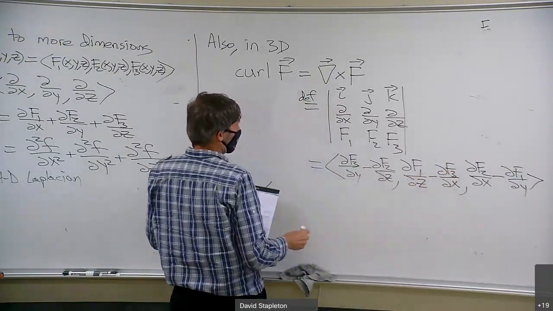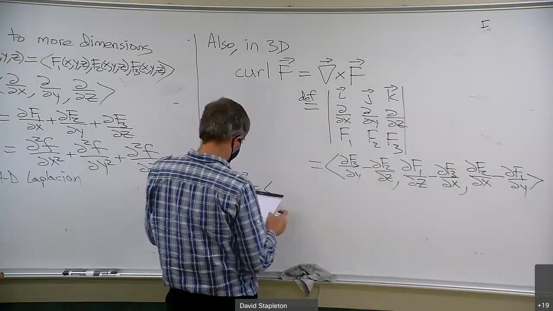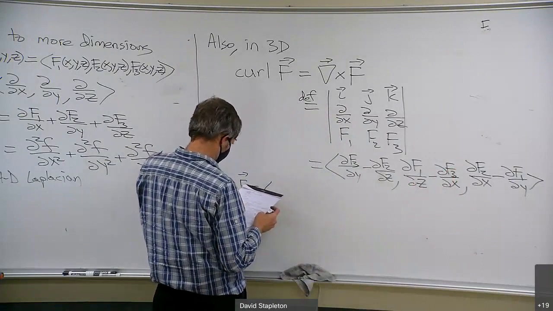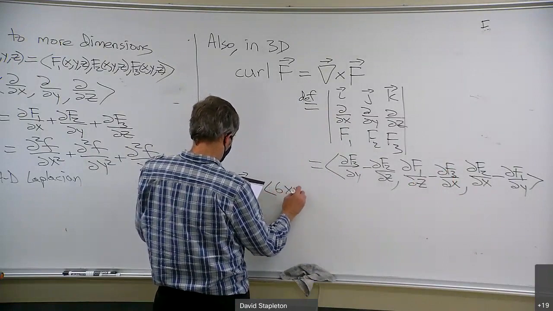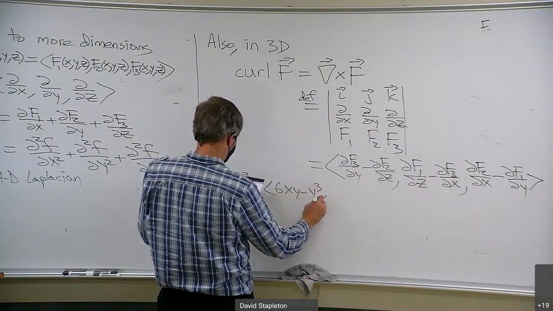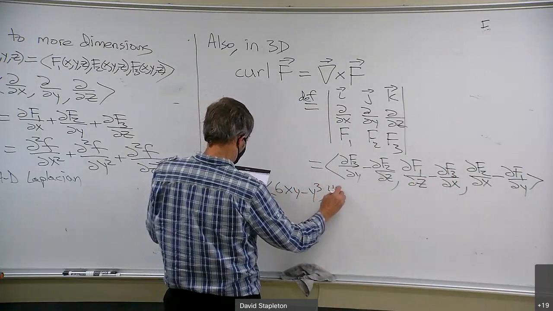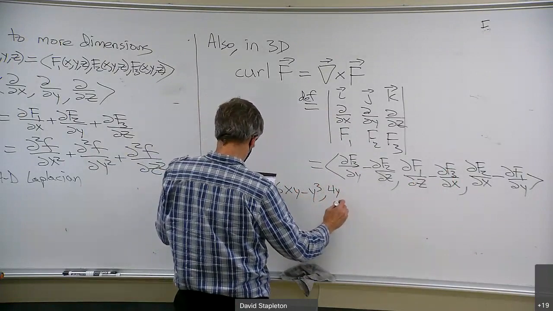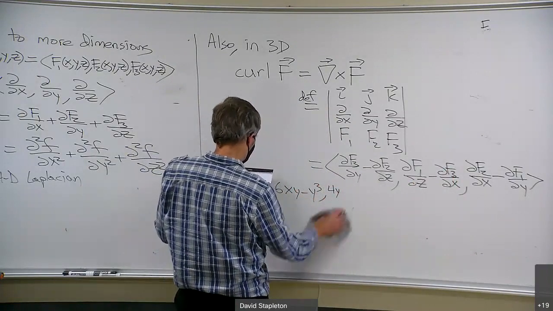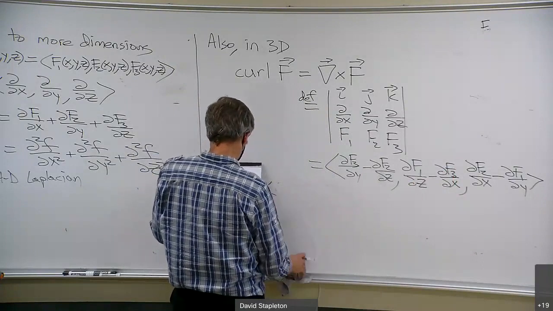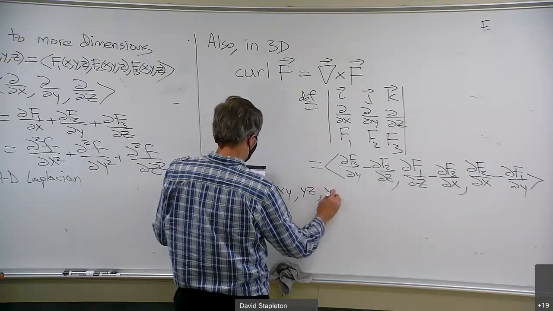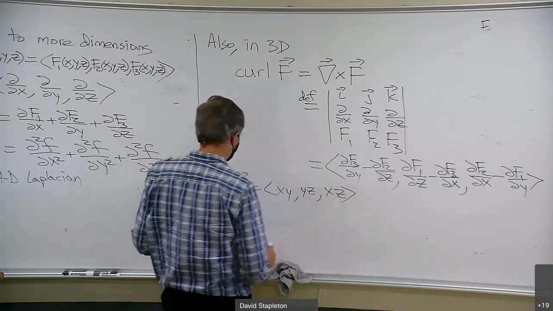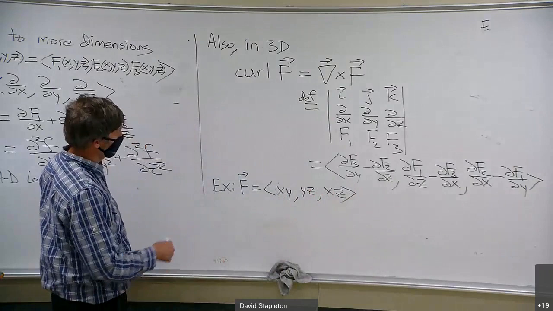Okay, so if F is this vector field, suppose I gave you 6xy minus y cubed, 4y. Oh, that one's gonna be too long. xy, yz and xz. Suppose I give you that vector field. At each point x, y, z, it assigns a vector, right?